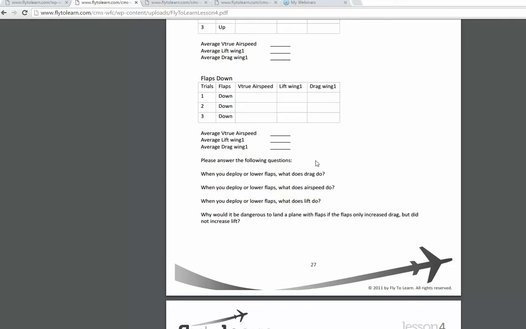What about lift? Does lift increase or decrease when the flaps are deployed? It's counterintuitive. Lift and drag aren't mutually exclusive. I see one good answer.